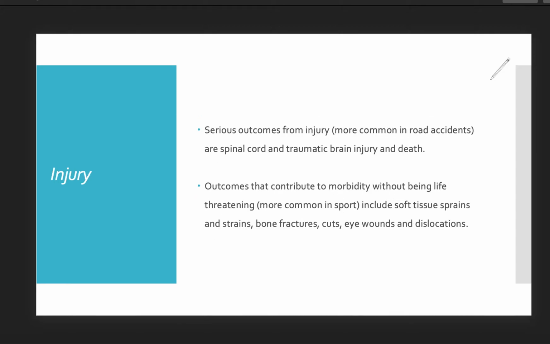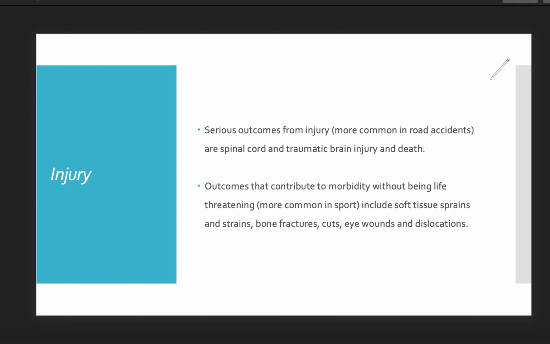So there are some serious outcomes from injury. These are more common in things like road accidents, where it is a high impact incident, and those serious outcomes are things like spinal cord or brain trauma, which can cause injury or death.